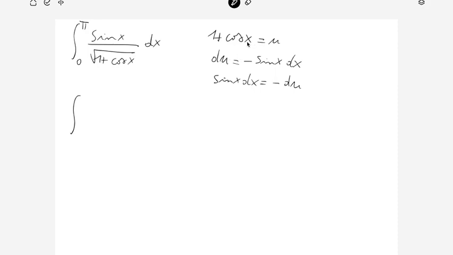So when x is equal to 0, cosine of x is equal to 1, and so we have 2 here. And when x is equal to pi, cosine of pi is equal to minus 1, so 1 plus cosine of x is equal to 0. Sine of x dx, this is minus du over the square root of u.